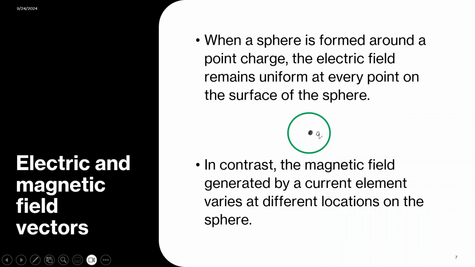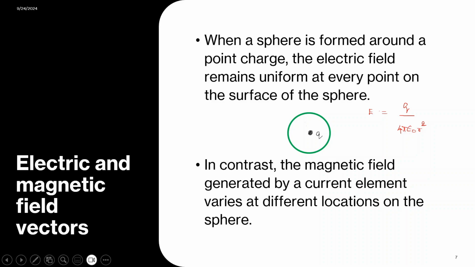When a sphere is formed around a point charge, the electric field remains uniform at every point on the surface of the sphere, because the electric field E equal to Q divided by 4 pi epsilon naught R square. Here the R value is the same at all the points of the sphere. Therefore, there is no change in the value of electric field.